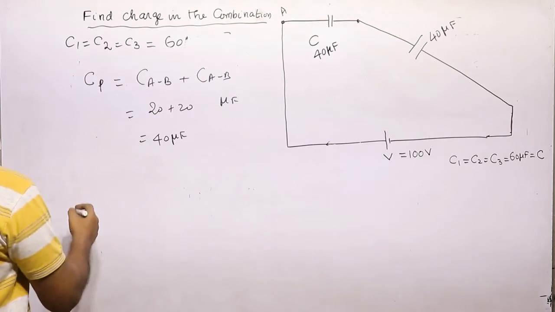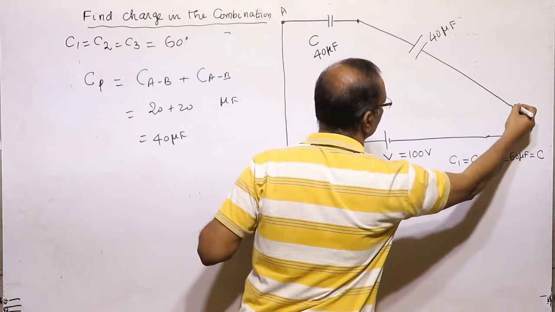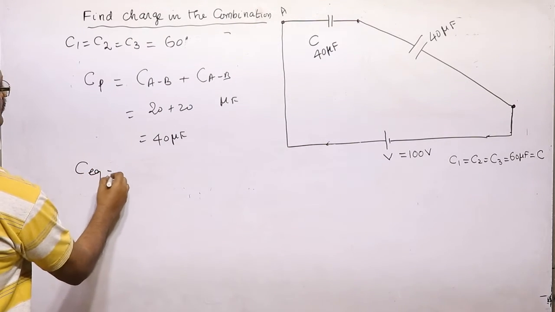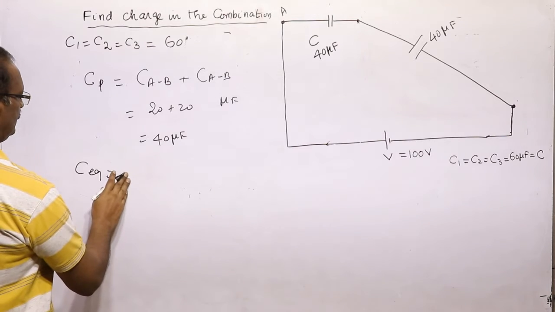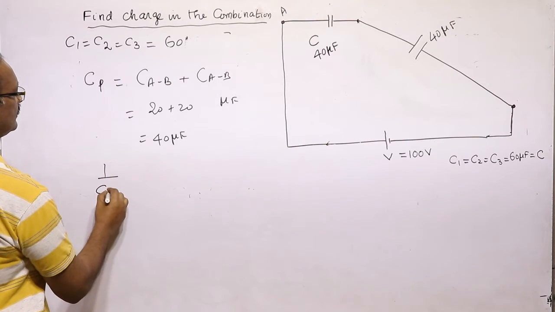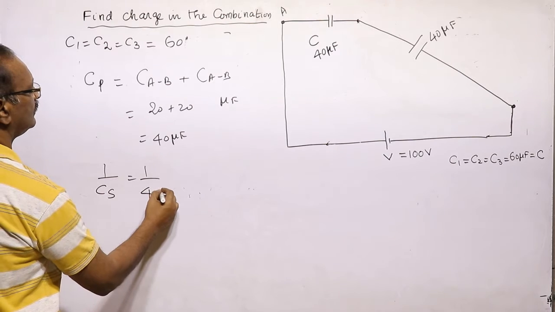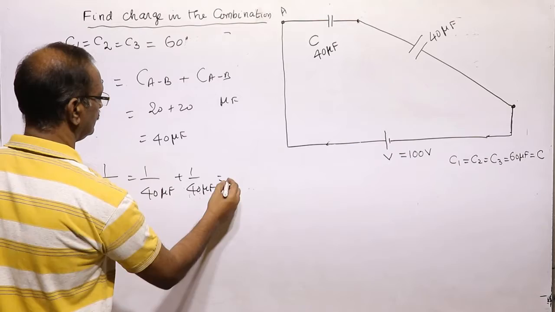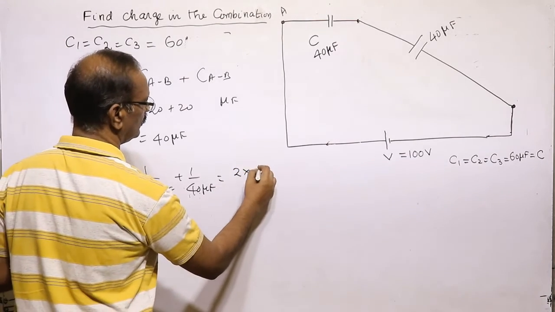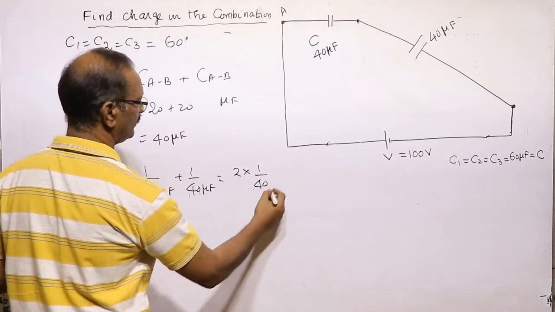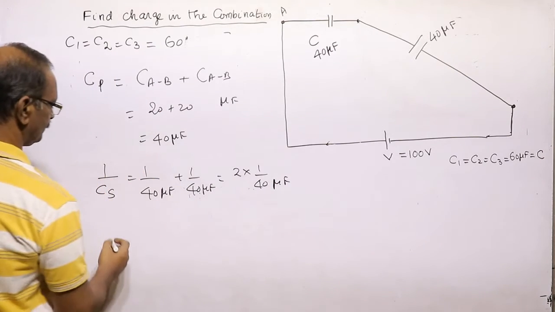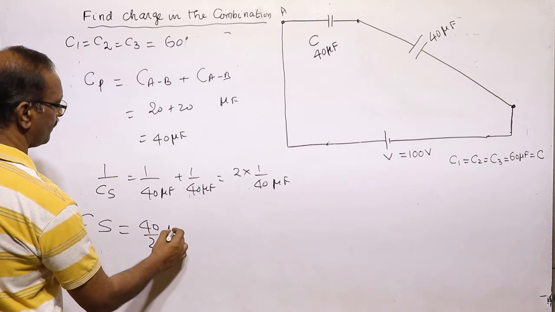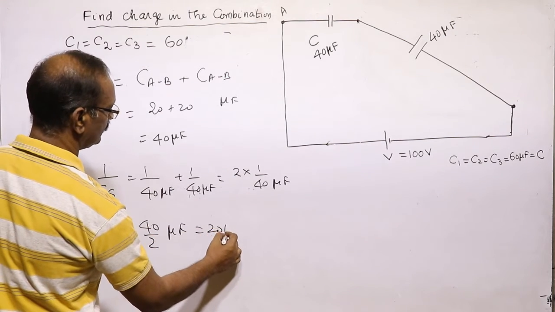So what is the C equivalent? In series, 1 by C series is equal to 1 by 40 microfarad plus 1 by 40 microfarad, is equal to 2 into 1 by 40 microfarad, or C series is equal to 40 by 2 microfarad, is equal to 20 microfarad.